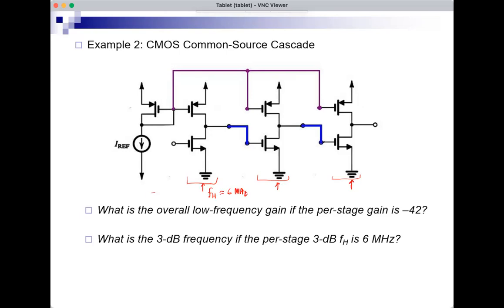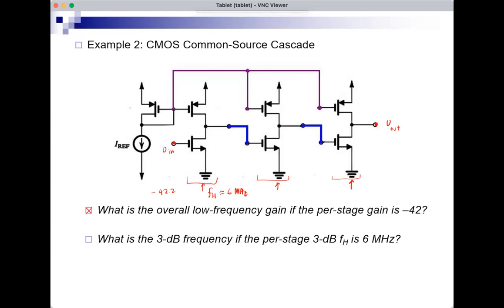And the low frequency gain is minus 42.2. For the first question, we know the answer. We know that if we do this cascade and their MOSFETs don't load each other, the overall gain, V out, the last output divided by the first input, V out over V in, would be minus 42 times minus 42 times minus 42.